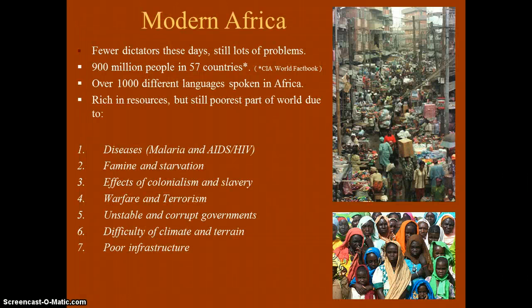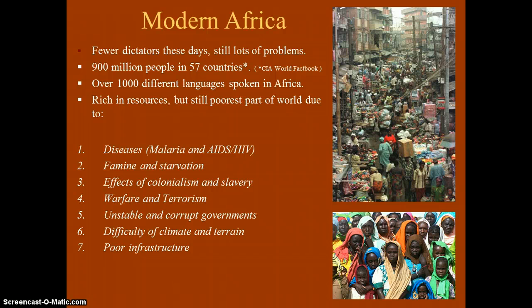Modern Africa. Fewer dictators these days, but you still have lots of problems, and this is due to colonization and slavery. You've got 900 million people in 57 countries. Over 1,000 different languages are spoken in Africa.